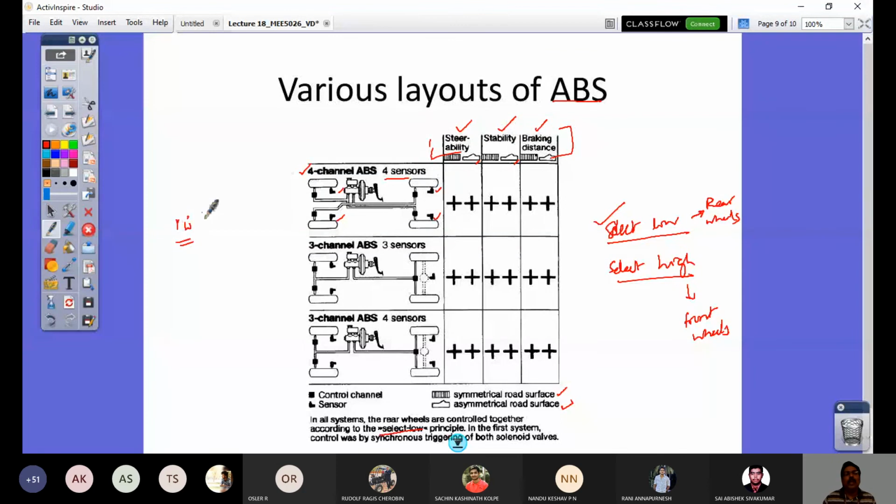So if it falls within this value, there is prevention of locking. If r omega dot goes beyond 1.6 g, then locking is about to happen. Then ABS would accordingly instruct. So this is one scheme.